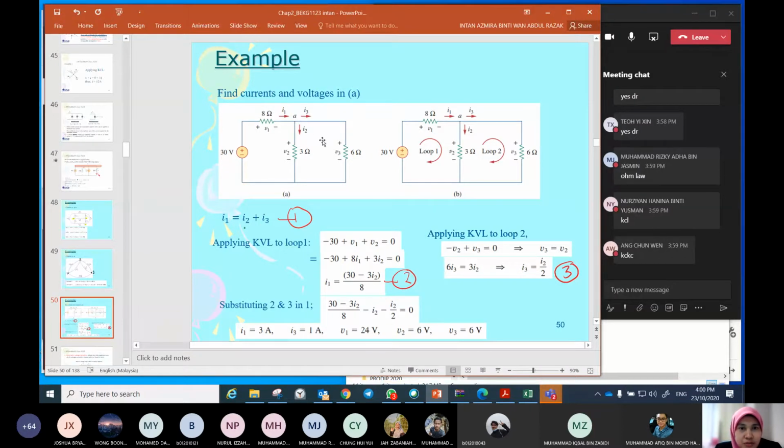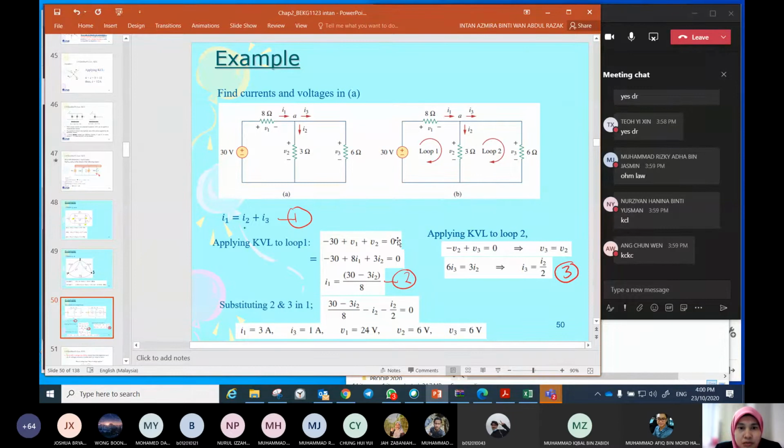Then we should find more equations because we want to find all currents, meaning I1, I2, I3, and all voltages, which are V1, V2, and V3. So we apply KVL in the first loop. Let's say I use the first sign: minus 30 plus V1 plus V2 is equal to 0.